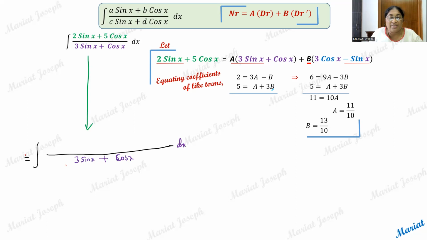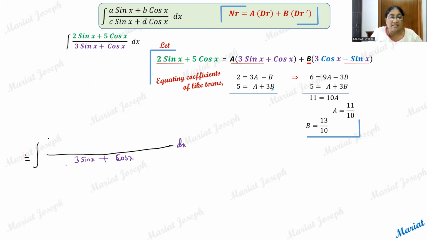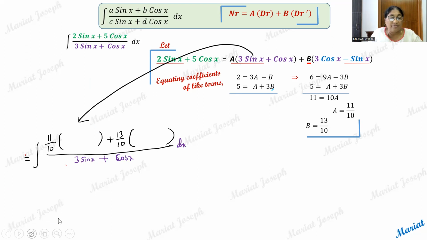Whereas the numerator, just those 2 terms we are going to rewrite. What is it going to be? a into, a is 11 by 10, 11 by 10 into this one we copy here. Then plus 13 by 10 into, which one do we copy from there? The second one over here. Copy it. We are writing that expanded form.